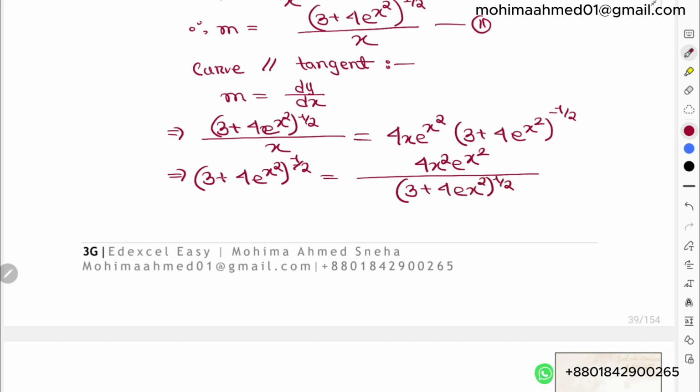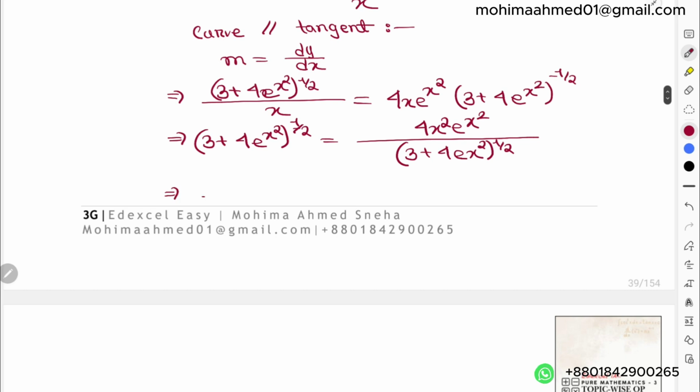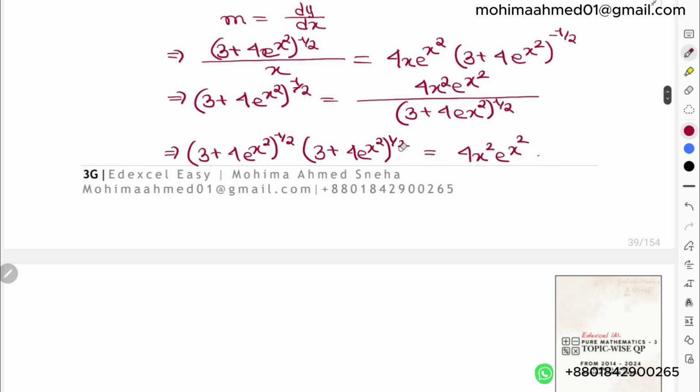Now if you take this to the right hand side, you basically have (3 + 4e^(x²)) power half, multiplying this with (3 + 4e^(x²)) power half, and this is equal to 4x²e^(x²). Now the same base with the power of half means that I can take the base common and add the powers. Half plus half will be 1.